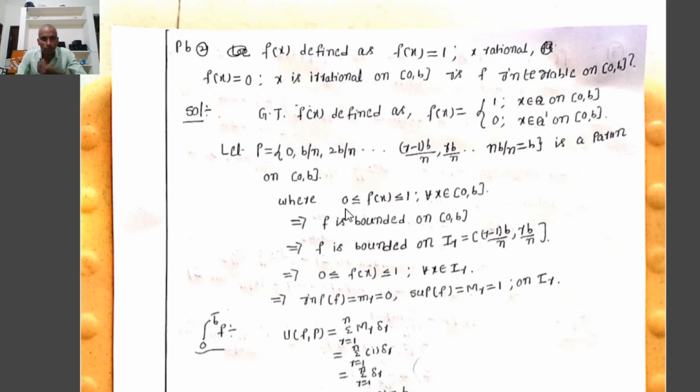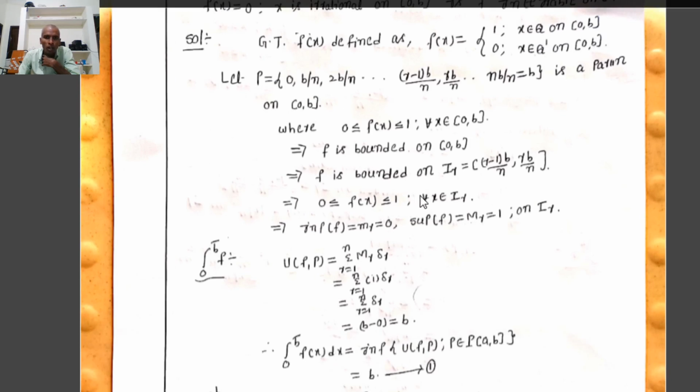That implies 0 less than or equal to f of x less than or equal to 1 for all x belonging to closed interval 0 comma b. That implies f must be bounded on closed interval 0 comma b.